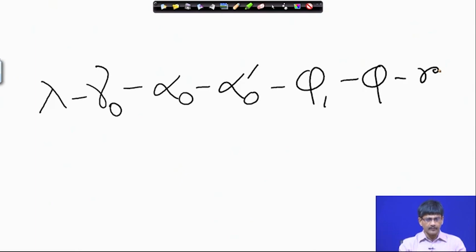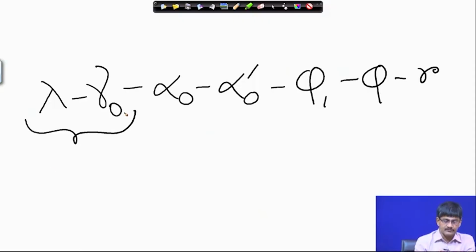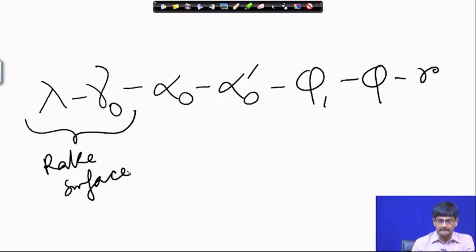No, because here you will find that we are defining the rake surface orientation by these two angles. We are defining the principal flank by this one.